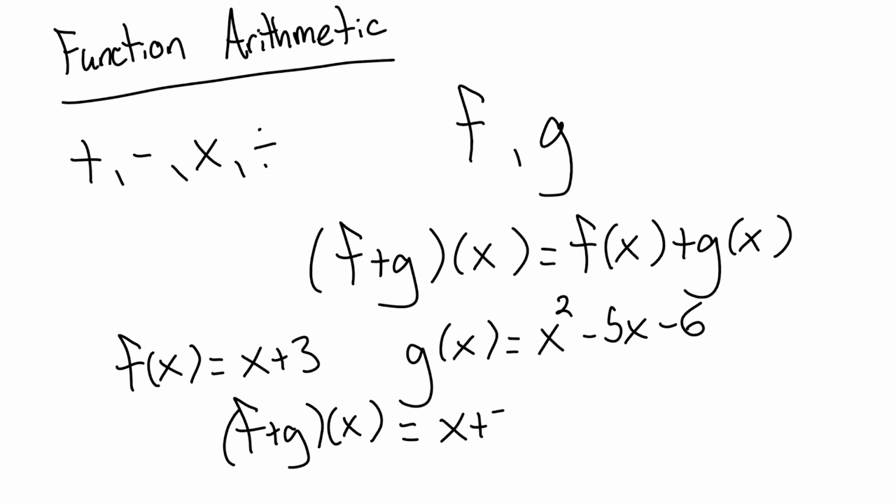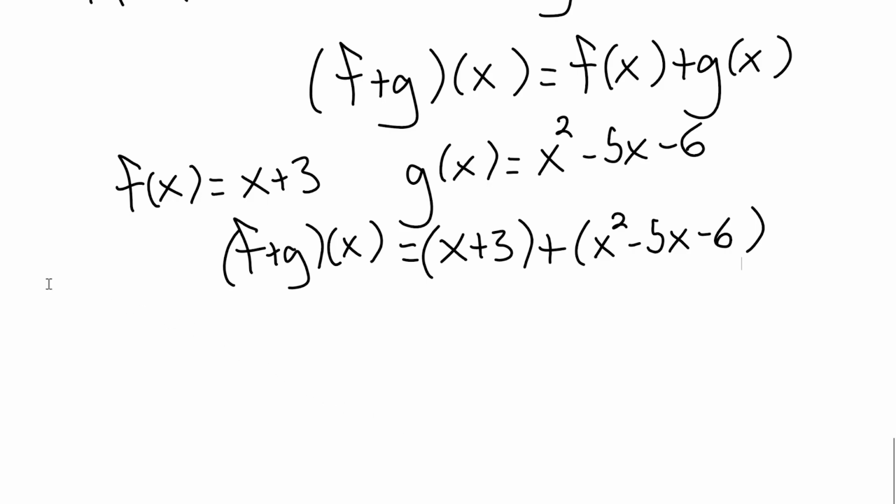So we would get x plus 3. Maybe we group them with parentheses. In this case, it's not really necessary, but with subtraction, it would be a little more helpful.